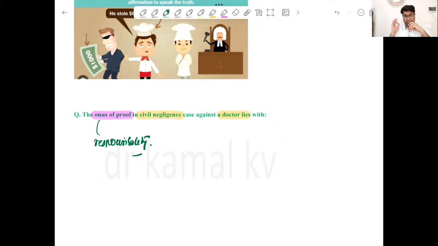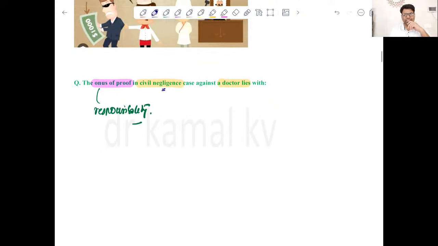So the onus of proof lies with the patient. Yes, that's true in cases of civil negligence. Now the question is, what is civil negligence and what is criminal negligence?